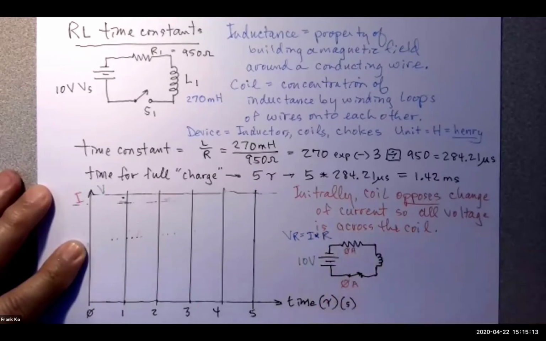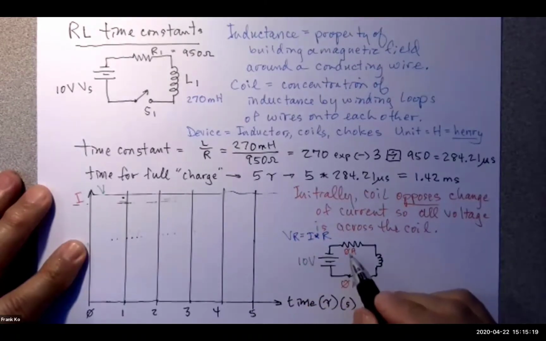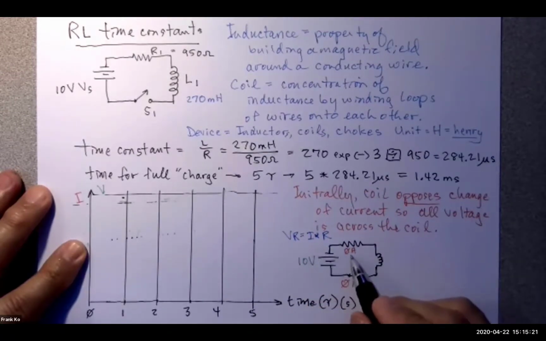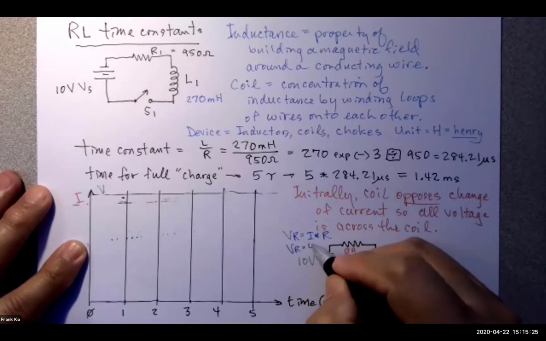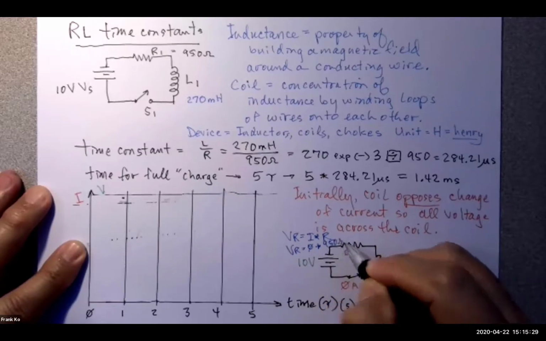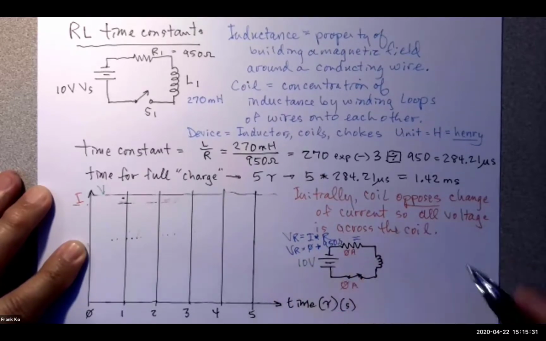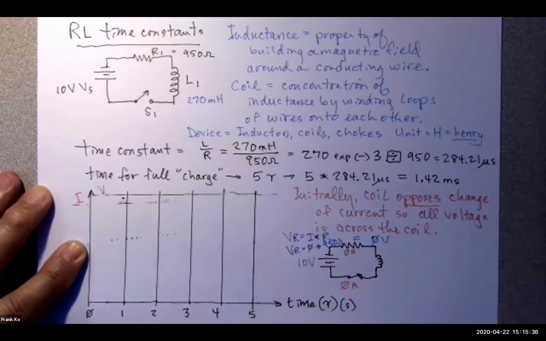Isn't that how I calculate the voltage across the resistor? What is my I at the very beginning? The current at the beginning is 0 amps. So my VR at the very beginning is going to be 0 times 950 ohms. So what is my voltage on the resistor initially? 0 volts. Nothing, nada.